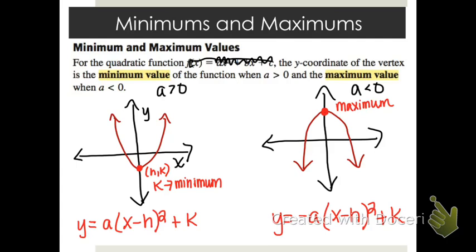And this, again, is h, k for our vertex at k. So if we have an upward facing parabola, our k is our minimum value. And if we have a downward facing parabola, our maximum is at k. Either way, we're looking at k, but what we're trying to determine is if it is a minimum or a maximum, and that all just depends on which direction the parabola is facing.